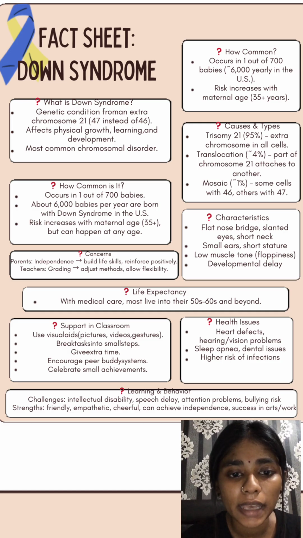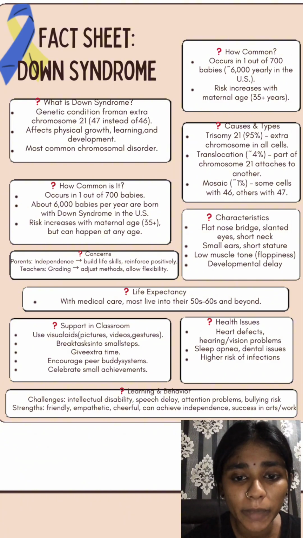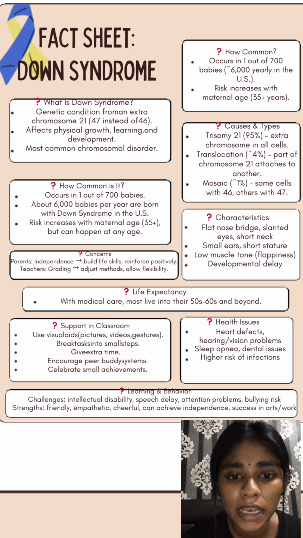Cause and types. As explained earlier, Down syndrome can be caused by trisomy 21, which makes up about 95% of cases. Translocation accounts for about 4 percent, and mosaic Down syndrome makes up about 1%. Trisomy 21 is by far the most common.